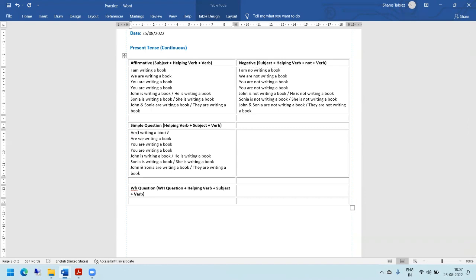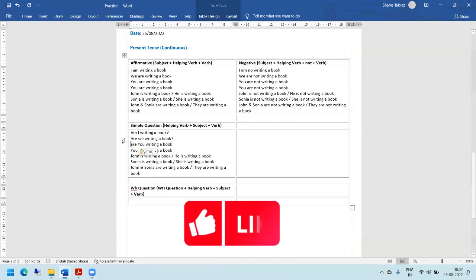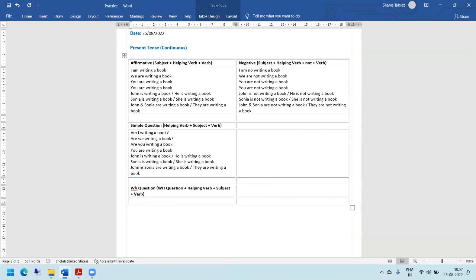And then question mark. Are we writing a book? Then similarly here, are you writing a book? Perfect. So A should be capital, and it should not be capital U, it is small, with a question mark. Now it is grammatically correct.